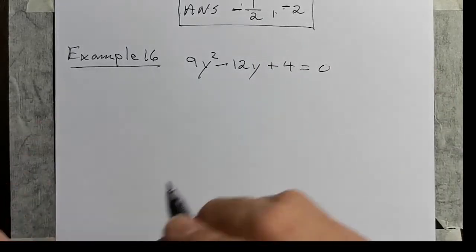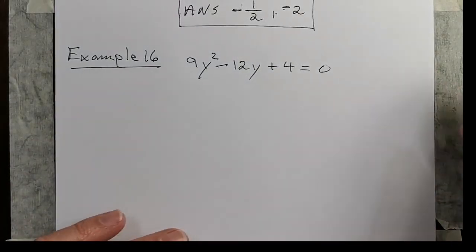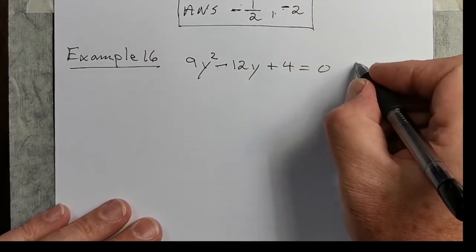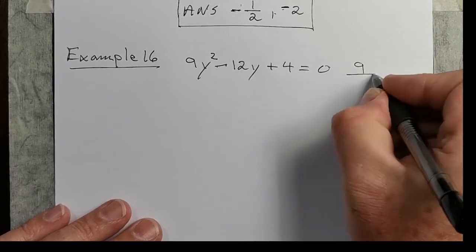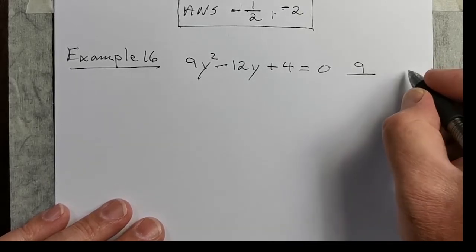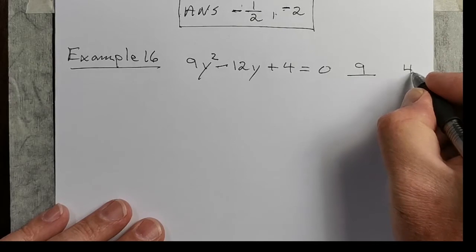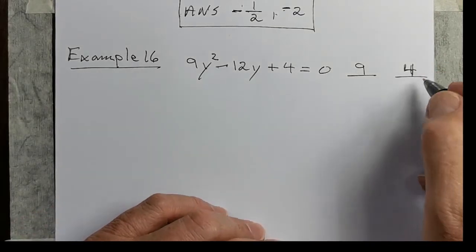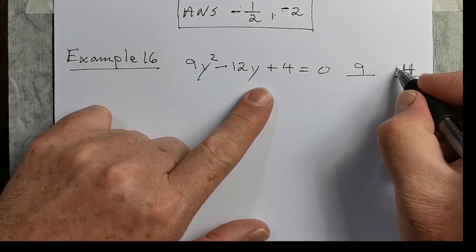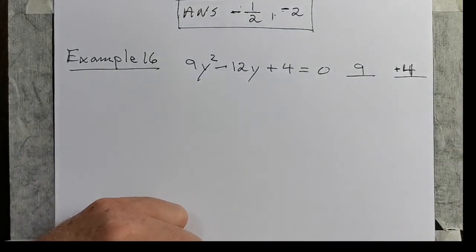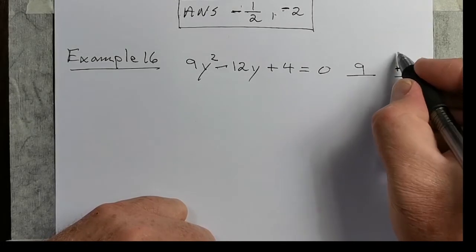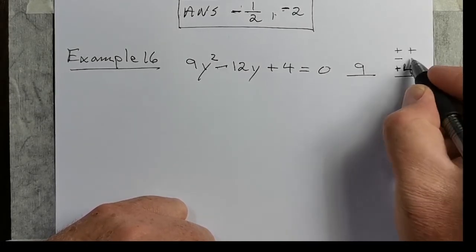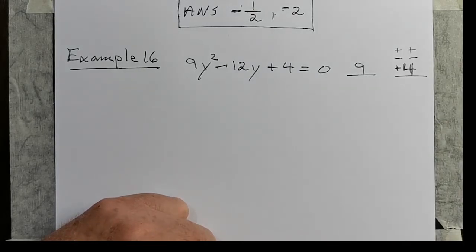equals 0. Okay? Here we need to go through our possible factors. So we look at factors of 9, and we look at factors of 4. Now notice that 4, it's positive 4, right? How can you get a positive? Well, you can take a positive times a positive, or you can take a negative times a negative.